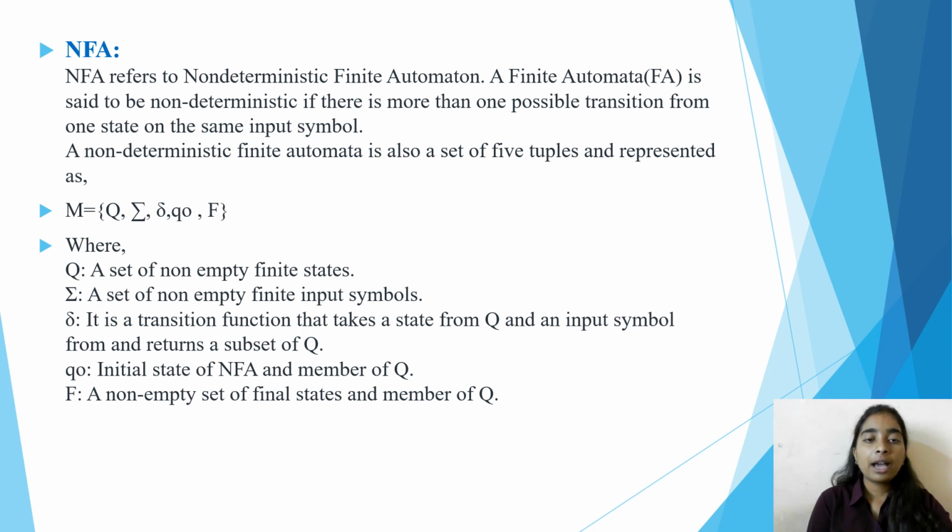A non-deterministic finite automaton is also a set of 5 tuples, represented as M = (Q, Σ, δ, q0, F), where Q represents a set of non-empty finite states and Σ represents a set of non-empty finite input symbols. δ is a transition function that takes a state from Q and an input symbol from Σ and returns a subset of Q. q0 is the initial state of the NFA and a member of Q. F represents a set of final states and a subset of Q.